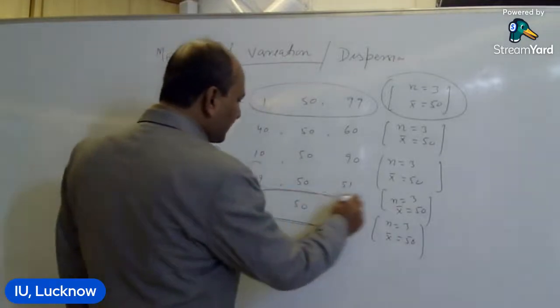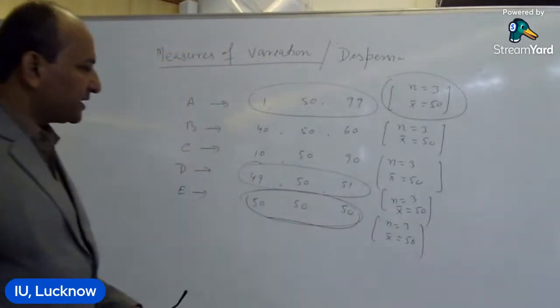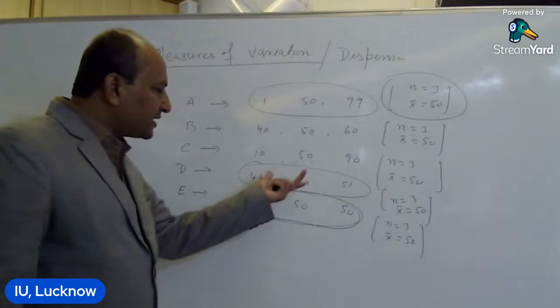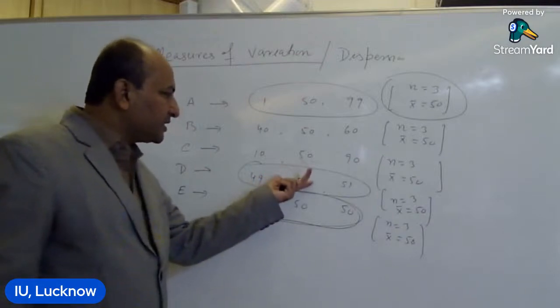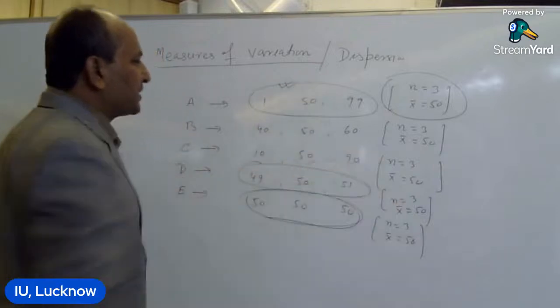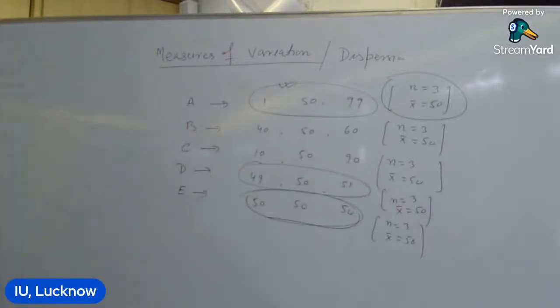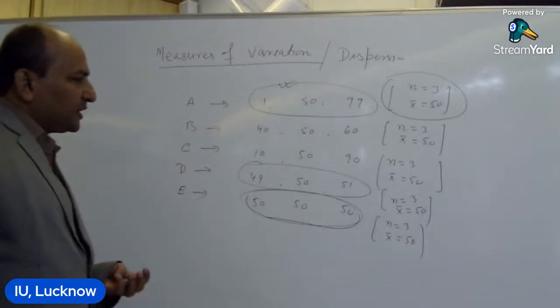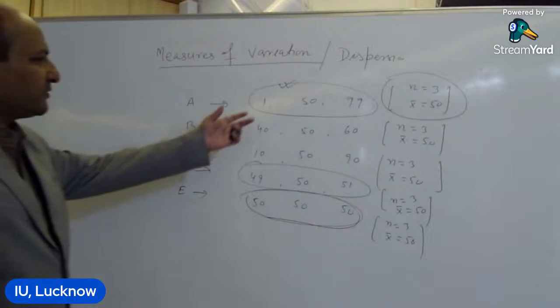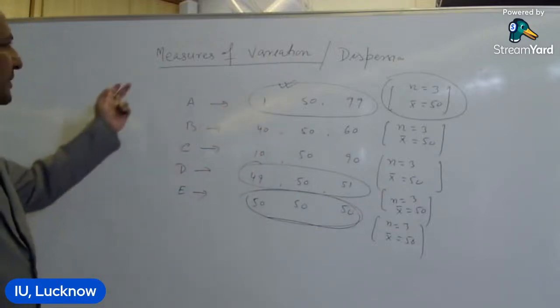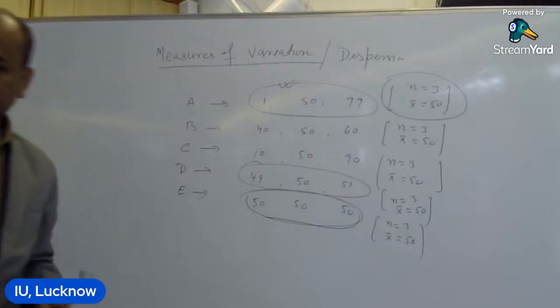In this set there is variation, but less, 49, 50 and 51, so the data are much more concentrated. Here there is more variation, more dispersion among the observations. So we also need information about the variation in our study. That is why we will study the measures of variation in today's class.